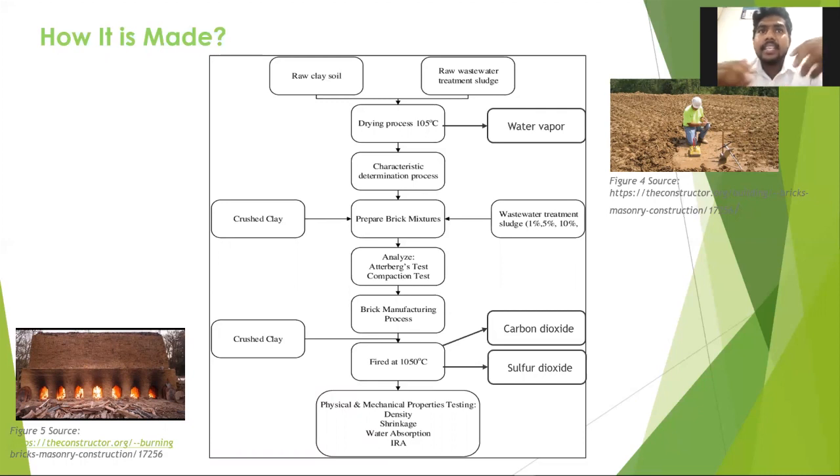And finally, testing is the last part of the manufacturing procedure. In addition to that, we have added the waste released during the process. For example, carbon dioxide and sulfur dioxide are made. So through this, we can get a small idea about this process. So move to the next slide.